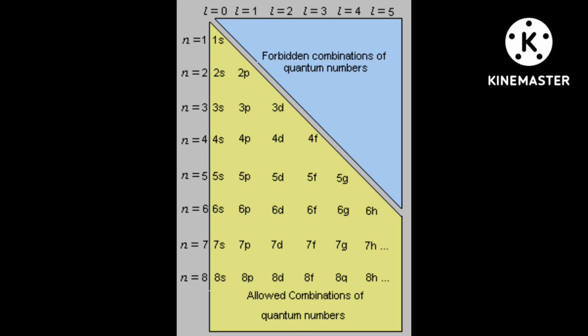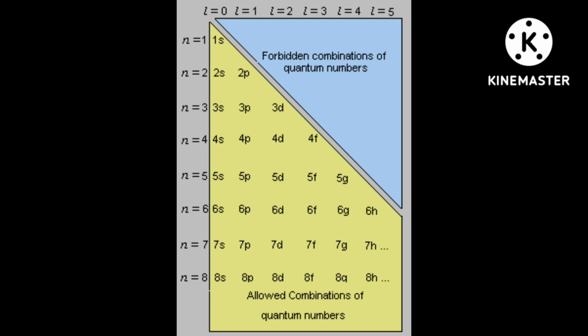Two electrons that have different spin values, one plus half and the other minus half, are said to have opposite spins. Because one is plus half and the other is minus half, one is clockwise and the other is anti-clockwise movement. Then both have opposite spin. An orbital cannot hold more than two electrons.